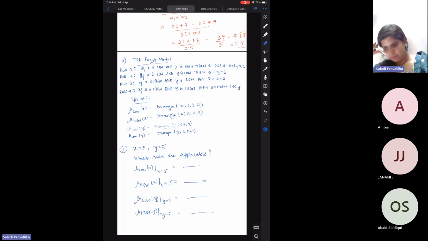X low is 0.5. Okay, Amber. X high is 0.75. Okay. Y low is 0. Okay.